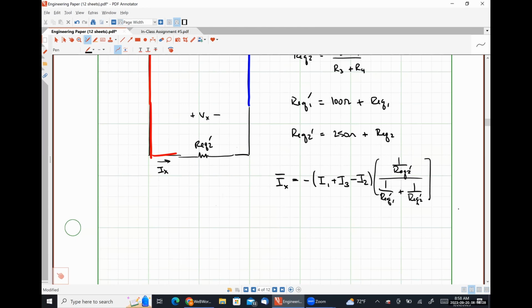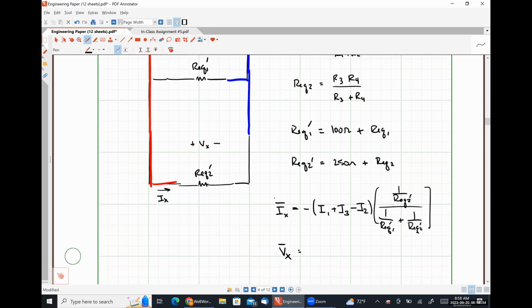And Vx is just going to be IX times REQ2 prime. That's one way to go about it, or I can go the other way around.